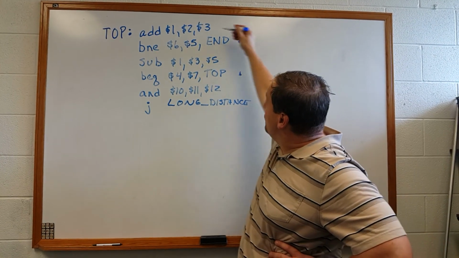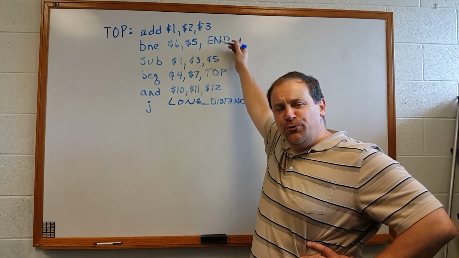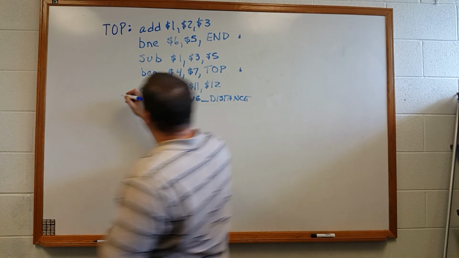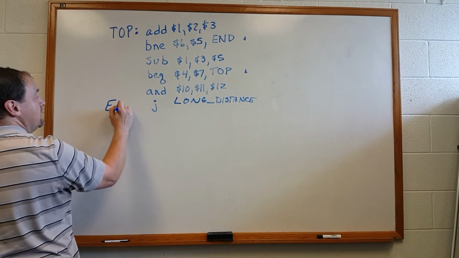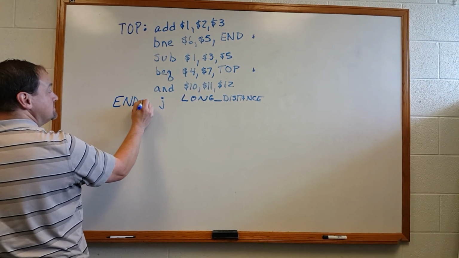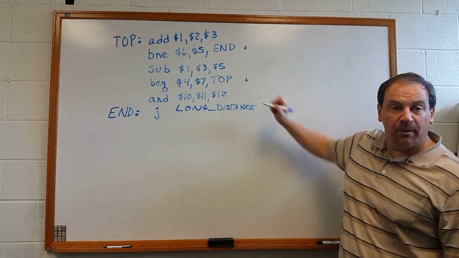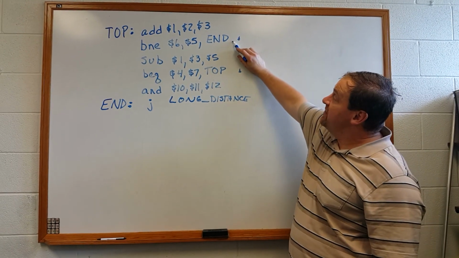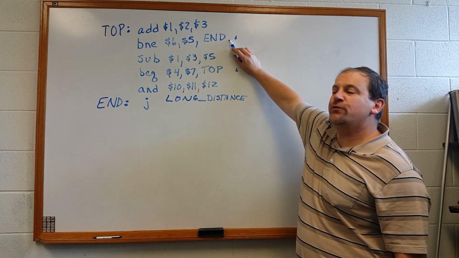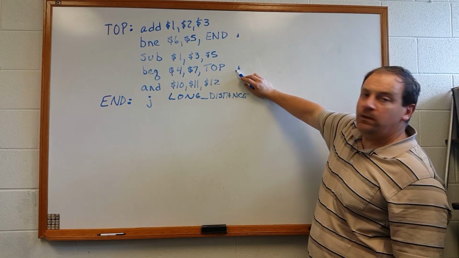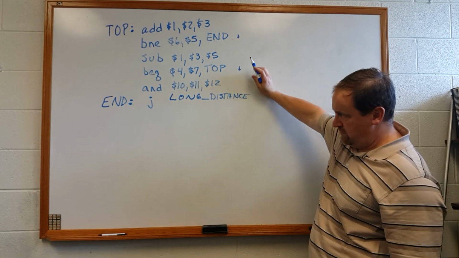Now, since the top goes backwards, I'm going to choose, and this is my prerogative, that end will be the jump instruction. Okay? And we'll talk about the ramifications. So, this branch not equal is a forward jump. The branch equal is a backwards jump. All right?